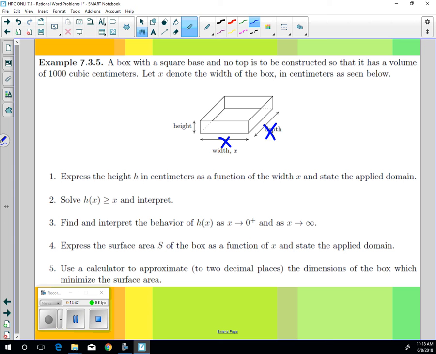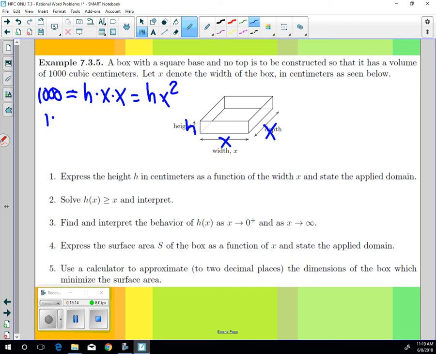Let x denote the width in centimeters. So we don't know what the height is, but we do know that the volume is height times width times width, or h x squared. And they're saying for this problem, the volume is 1,000. Okay?